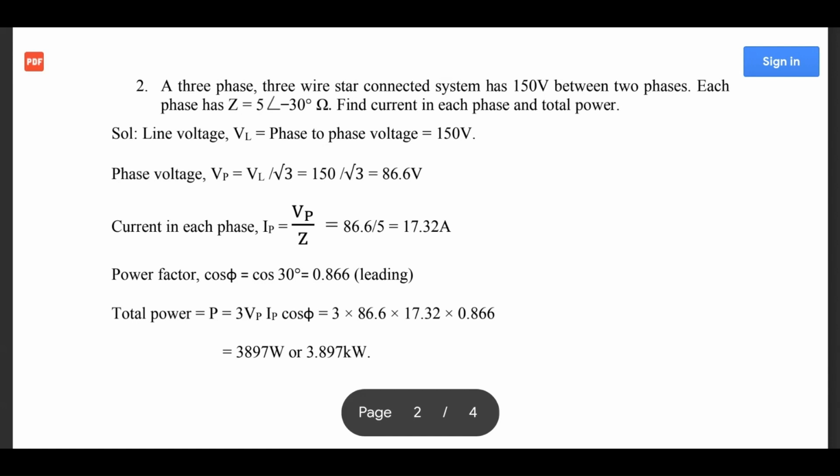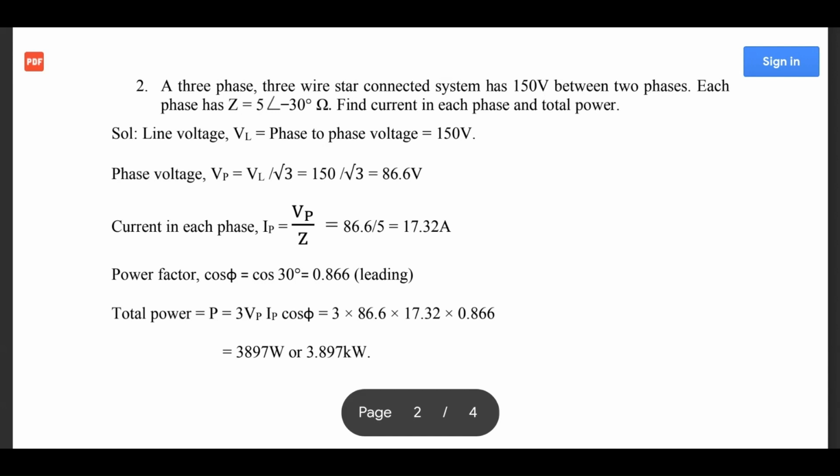Power factor is cos phi, and it is written as cos 30. How can we judge that it is cos 30 and not cos minus 30? Mathematically, cos of minus theta is cos theta, so it does not affect us. So cos 30 is equal to 0.866.